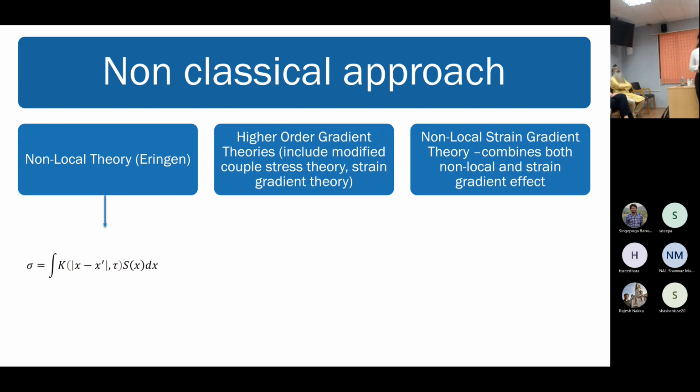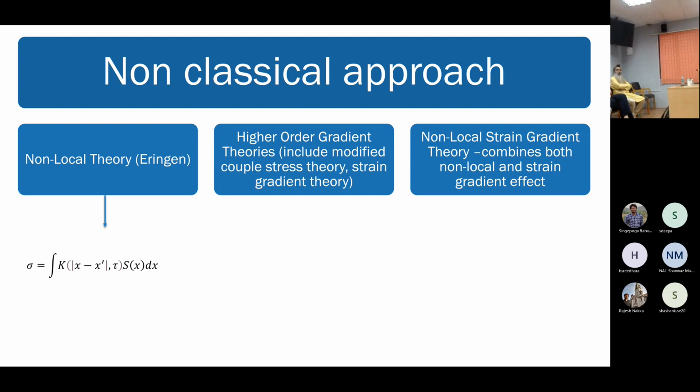So we have non-local theory. In this theory, Eringen removed the assumption that the stress at a point depends only on the strains at that particular point. He redefined the stress using a kernel function, which takes into account that the stress is not only dependent on that location, but also depends on the deformations around a certain area, so different points also affect the stress at that particular point.